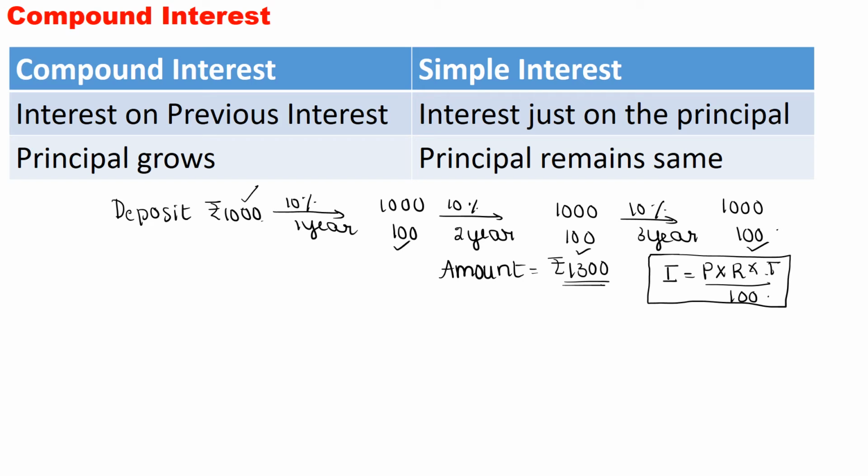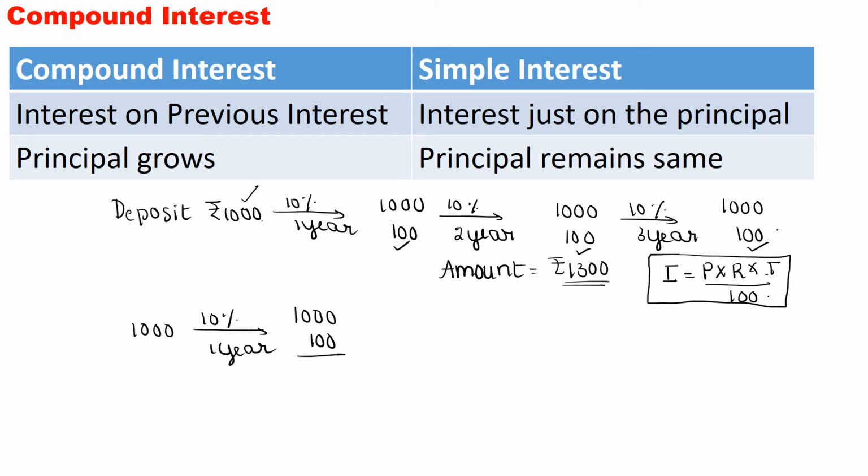Coming to compound interest, the same amount 1000, 10% interest, 1 year. 10% of 1000 is 100. And after 1 year, if I withdraw the money, then how much would I get?